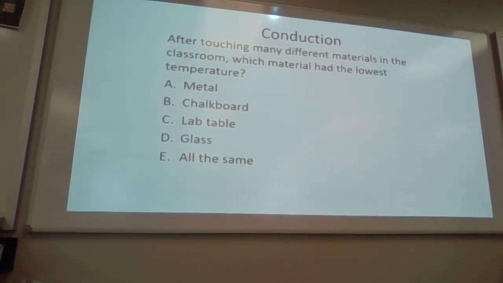Hot things cool down, cold things warm up. All these objects have been in here for a long time. All these objects are 69 degrees because that's what the room temperature is set at. Correct answer is E. All the same, right?